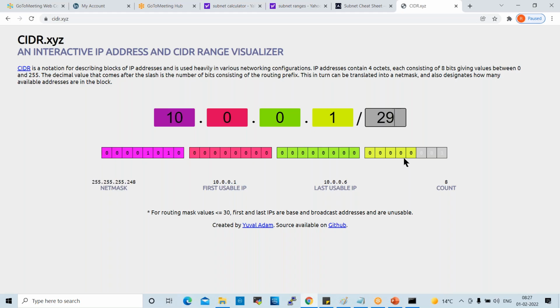What is the count it is showing? This is auto calculation. This is a tool someone developed to calculate these ranges. We can use this. So the count is 8. Within this range /29, we can use 8 IP addresses only, right?